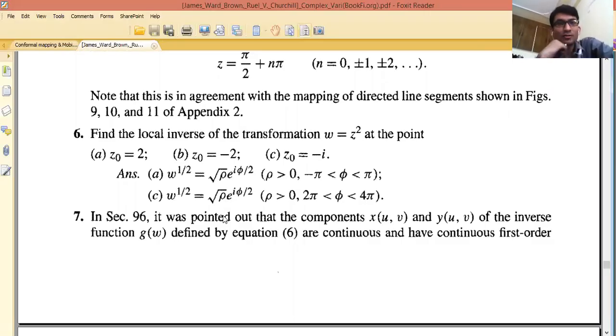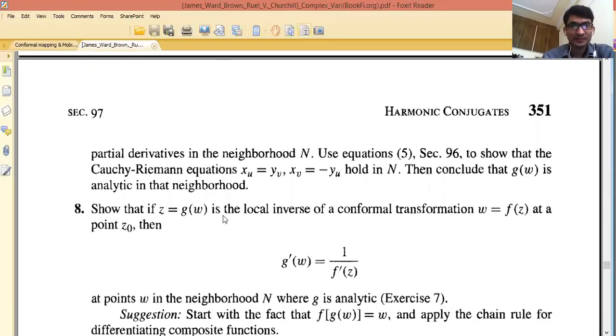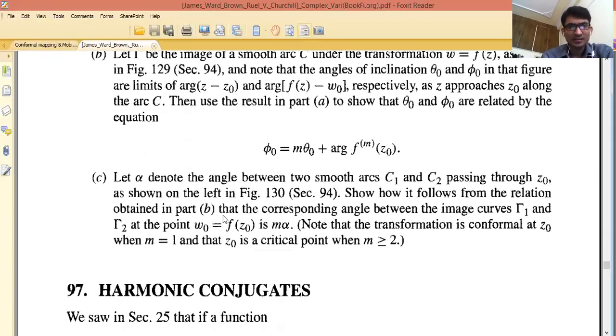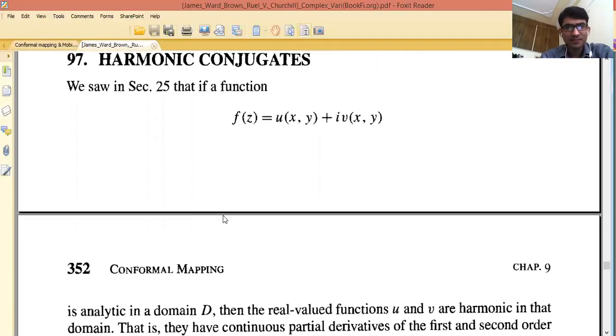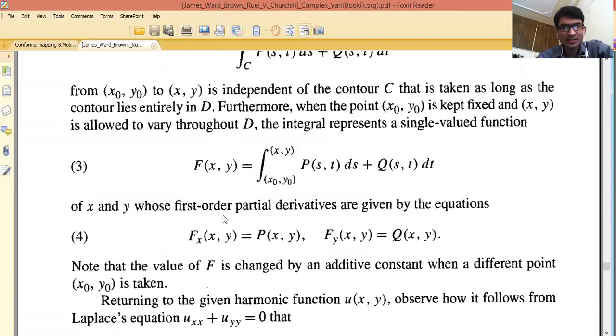Therefore z equals square root of w, which is the square root of rho times e to the power i phi by 2. What will be the angle difference? This is some exercise for students, but my focus is on the questions.